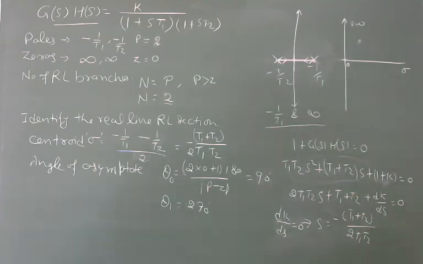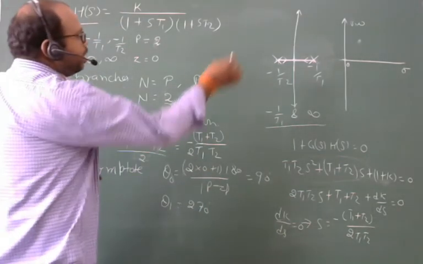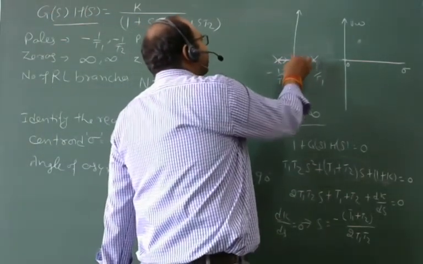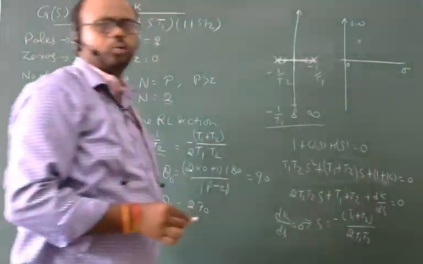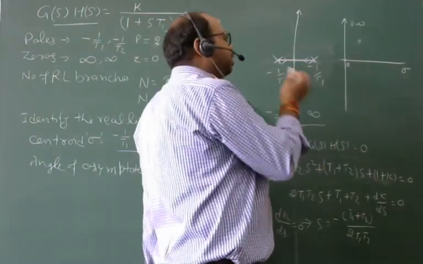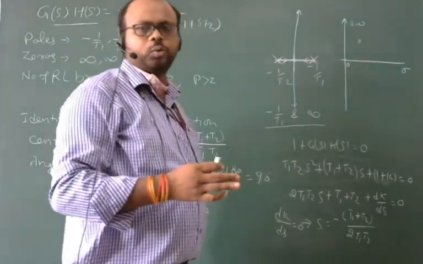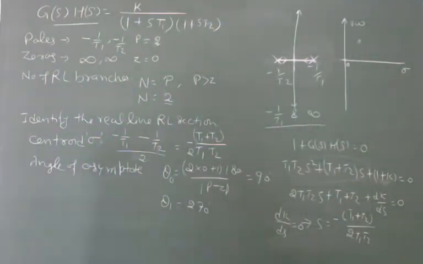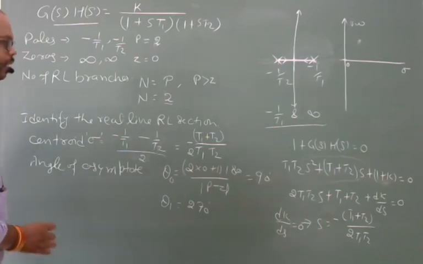Now let us find the intersection point on the imaginary axis. Since the two asymptotes, one is at 90 and one is at 270 degree, there is no chance for this root locus to intersect this imaginary axis. But let us calculate by using Routh-Hurwitz criteria.